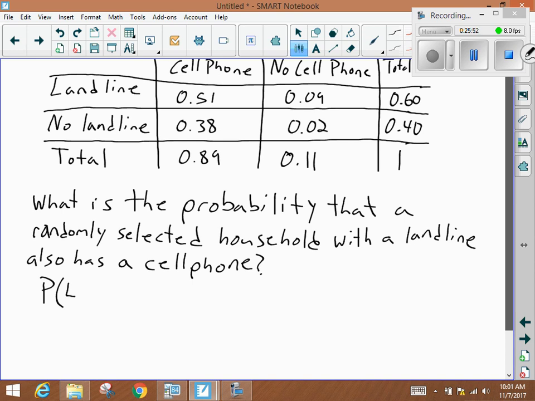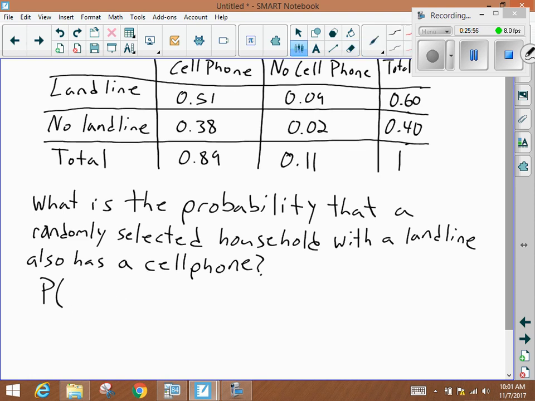So we'll call it probability C that they have a cell phone, and probability L they have a landline. So that is going to be the probability of C and L over the probability of L.